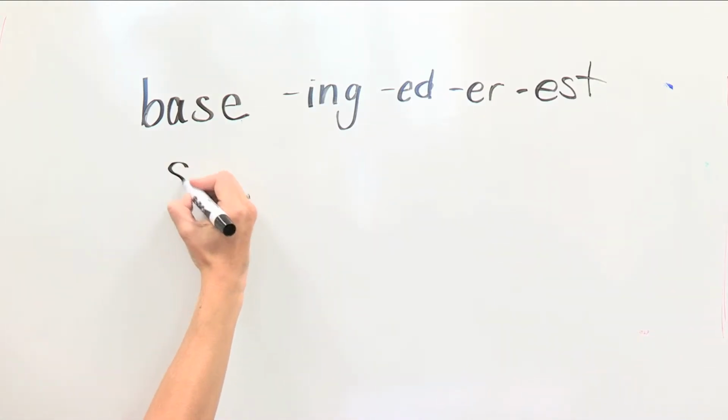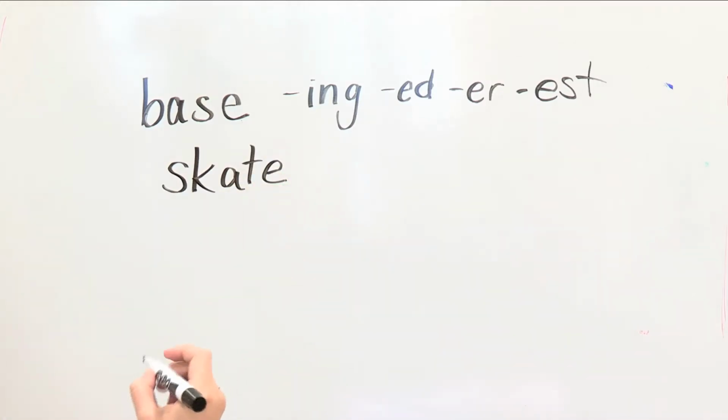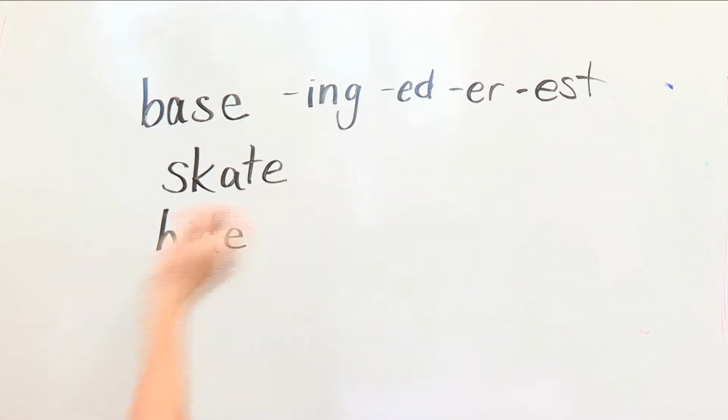We have the word skate. All right. Hide. So let's look at those really quick. Okay. So with skate, if I want to say I am skating, I don't just add ing. Right? I drop that e.